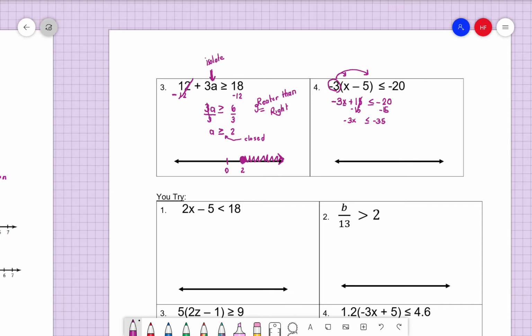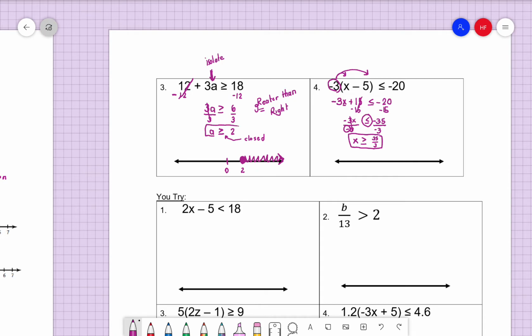And then I need to divide out that coefficient. So I'm going to divide by negative 3. And I get x. This symbol has to flip because this is a negative. So it's greater than or equal to 35 over 3.